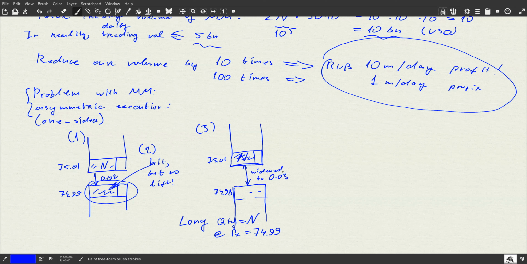As physicists and philosophers of the 18th century would say, nature doesn't like vacuum. You know, there was a proverb like this. Therefore, indeed, other market participants would put other orders to narrow down this bid-ask spread.